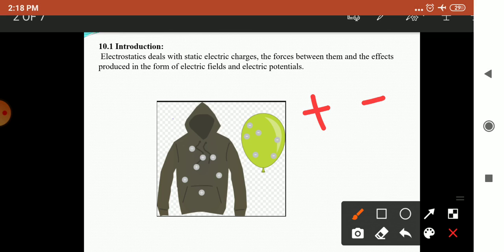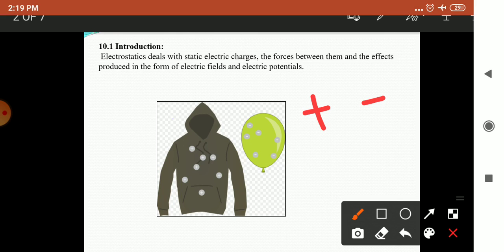Everyone knows current electricity, what it is. In day-to-day life we have moving charges around us. You become aware of these moving charges under some special circumstances. For example, in winter, what happens when you wear or remove a sweater?